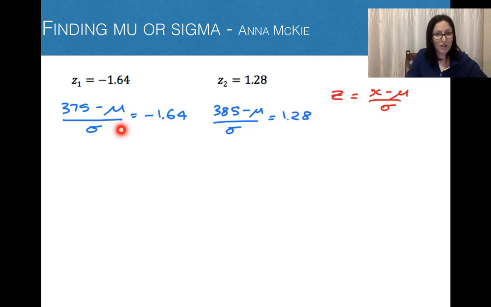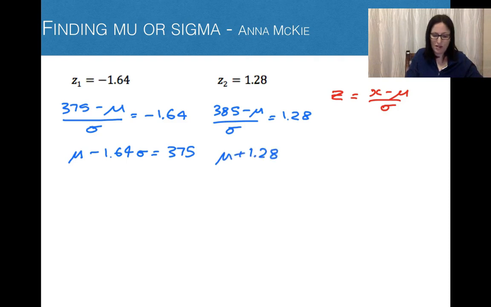So we have two unknowns here, but we have two equations, so we should be okay to find them. We need to rearrange that so that we can use the simultaneous equations menu in your calculator. You know the format that you need to get that in, usually for x's and y's, but whichever variables. So I'm going to rearrange mine to get mean take 1.64 sigma is equal to 375, and the second one, mean plus 1.28 sigma is equal to 385.